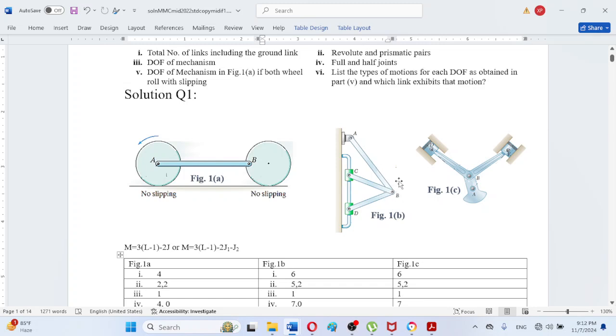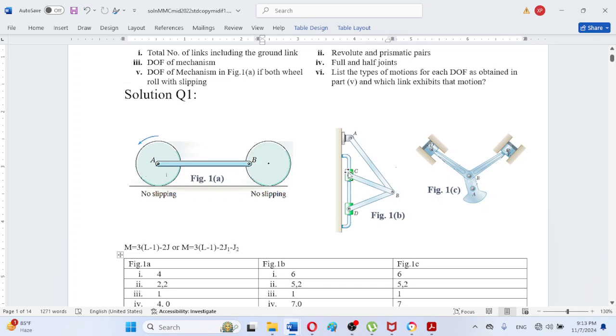Up to here there are a total of 3 revolute joints, and the 4th revolute joint is between the slider at C and link CB, and the 5th revolute is between the slider at D and the link DB. So there are 5 revolute and 2 prismatic.